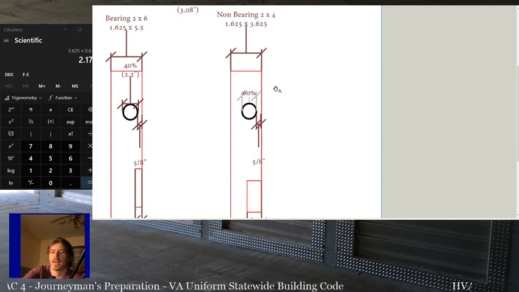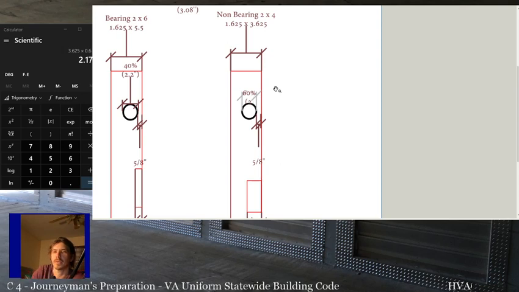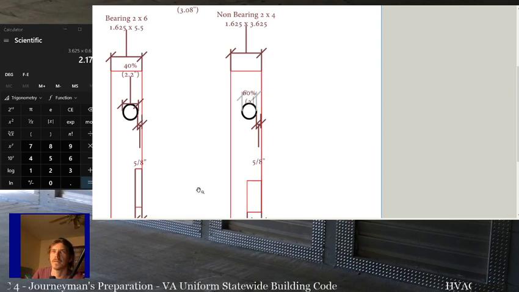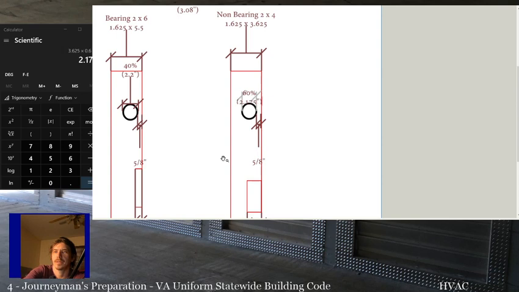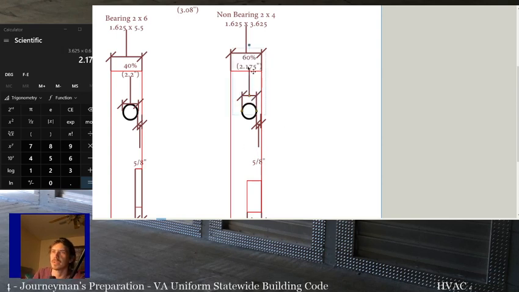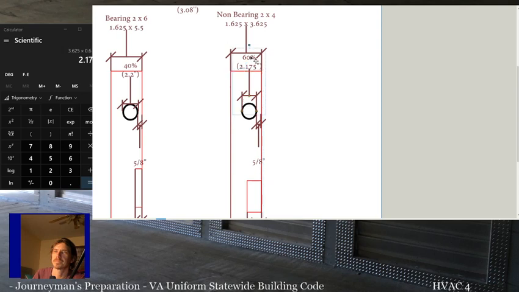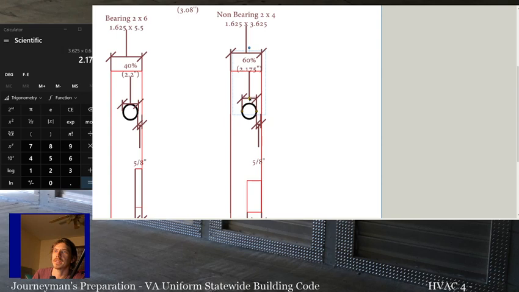So if this is a non-bearing 2x4 stud, it could be 2.175. So basically, again, about 2 1/8, give or take, really close to 2 1/8 inches. So that is non-bearing.